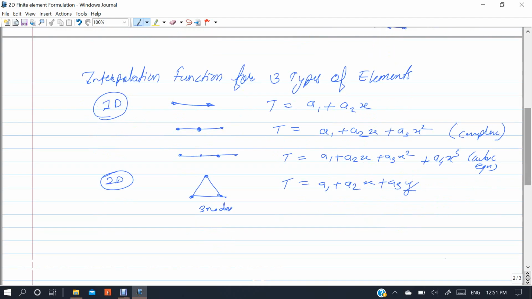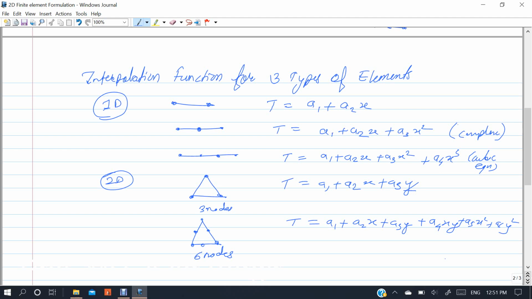Suppose again we add an intermediate node in between this element. In this way, if we add three nodes, it becomes 6 nodes. So what will be the interpolation function? It will be t equal to a1 plus a2x plus a3y plus a4xy plus a5x square and a6y square.